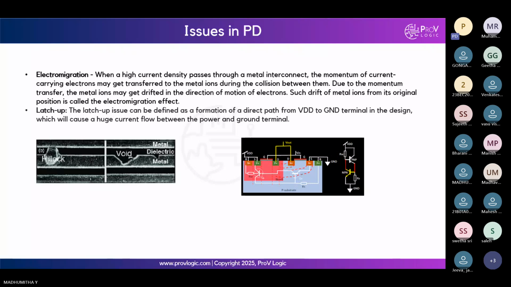So it is basically like there is one main transistor and there is one more transistor which is getting created inside that transistor because of the multiple P and N regions which are close to each other. Because of this parasitic transistor which is getting formed inside, current will start flowing internally inside the MOSFET. And because of that, the MOSFET itself might break or it might become faulty. That is called latch-up.